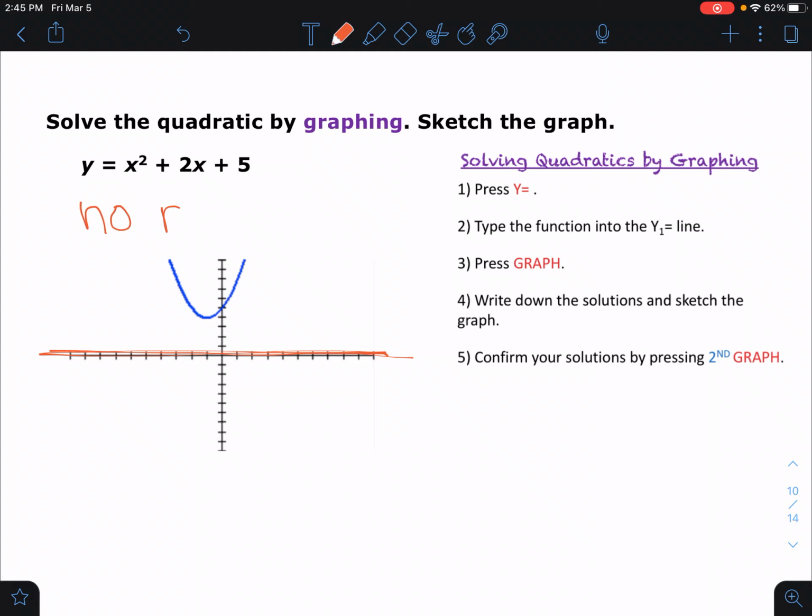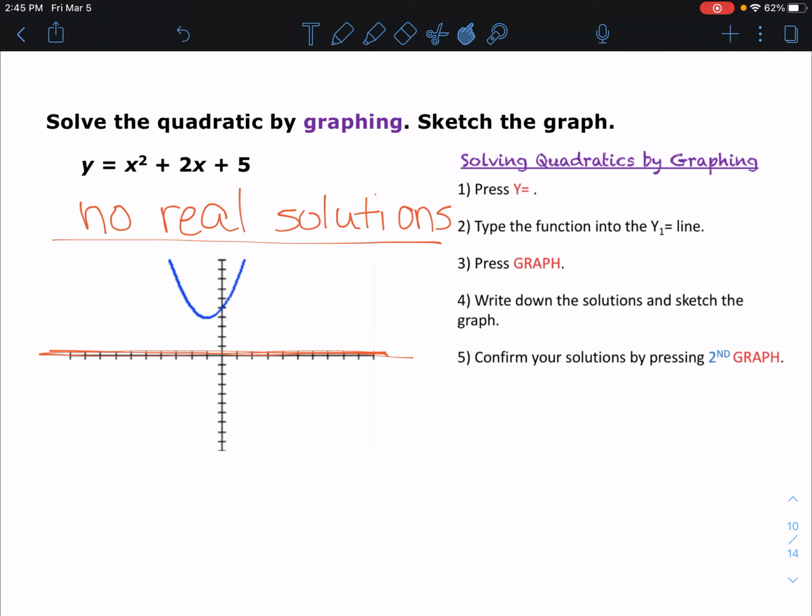So we're going to write no real roots or solutions. Okay, there are 2 solutions, but we will learn more about how to find those in pre-calc. So if that happens, you're going to write no real solutions.